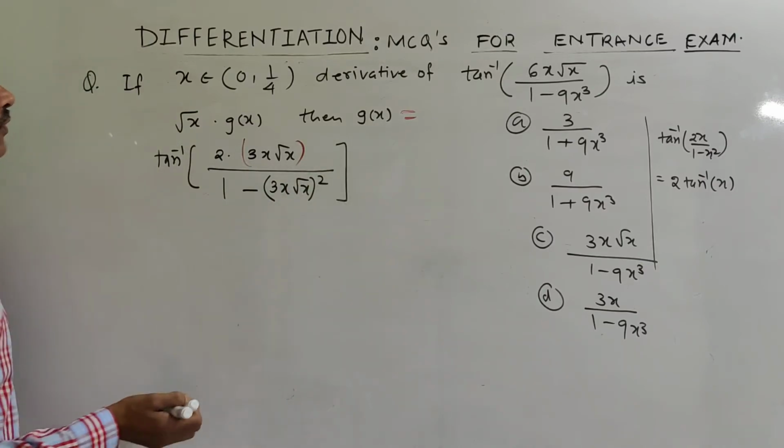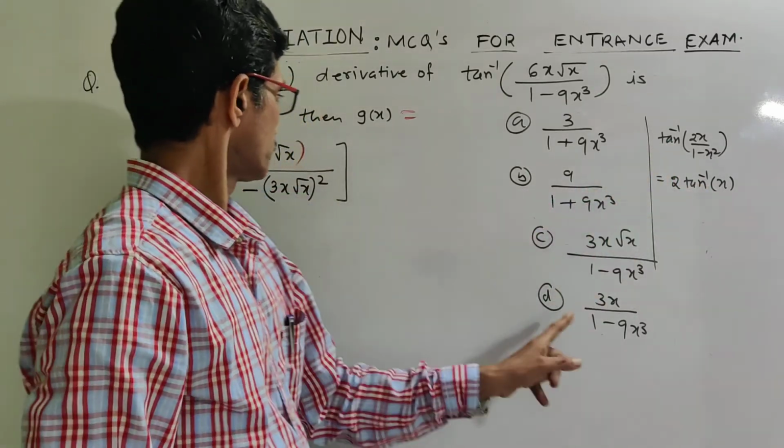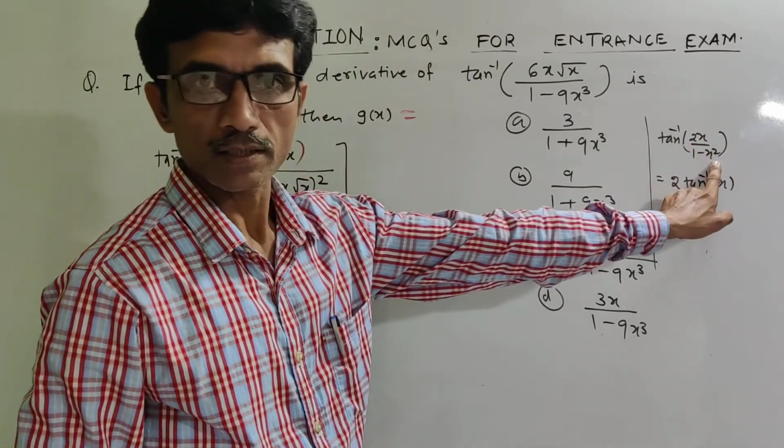Now it is of the form tan inverse of 2 theta upon 1 minus theta square.